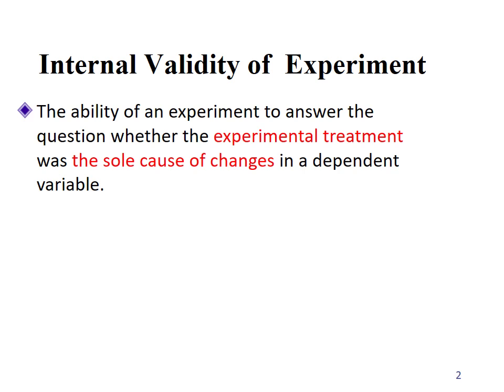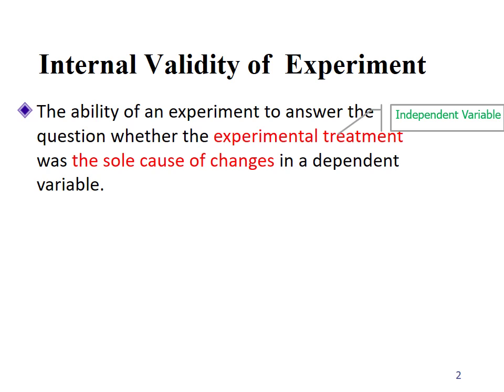And when can we say that an experiment is valid? If it can answer the question of whether the experimental treatment was the sole or the only cause of change in the dependent variable. As you know before, the experiment is really meant to see the effect of the independent variable on the dependent variable.